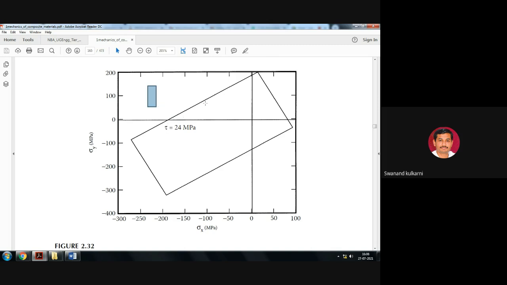Likewise, for each and every case, the stresses in the x direction and the stresses in the y direction are taken for reference. Minus indicates compressive stresses, plus indicates tensile stresses. In this case also, with reference to 0, minus represents compressive stresses and plus represents tensile stresses.